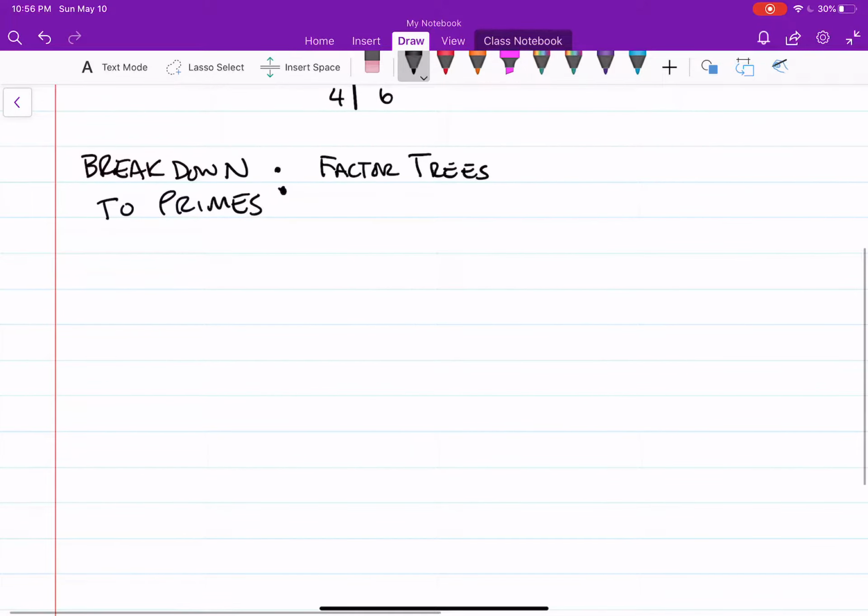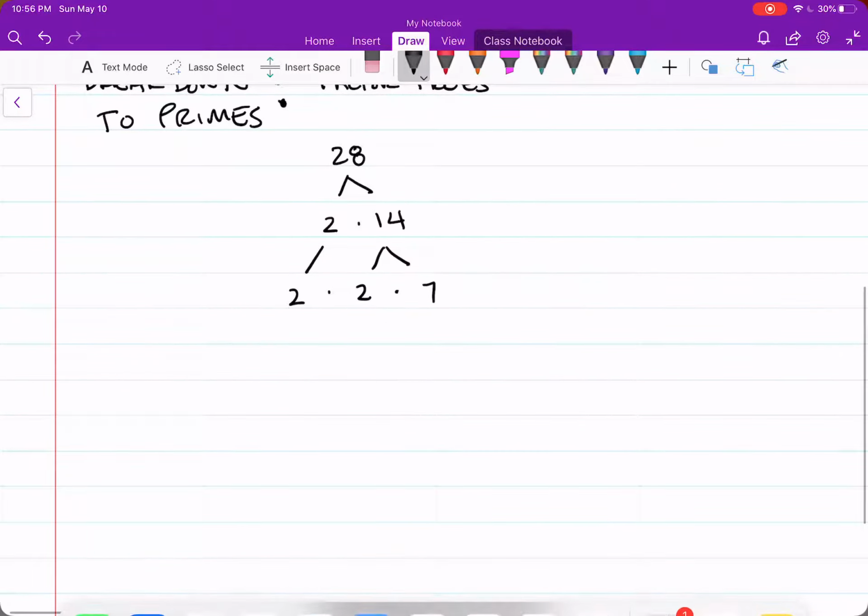So let's say I wanted to break down 28. You'd say, okay, so it's 2 times 14. And since 2 is a prime number, you just bring it down and then 14 breaks down to 2 times 7. So once the end result is primes, then we know that 28 is equal to 2 times 2 times 7.